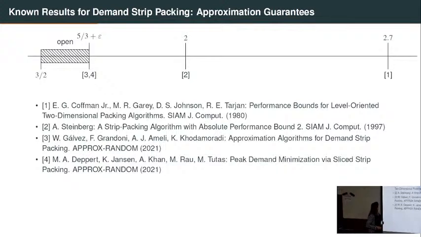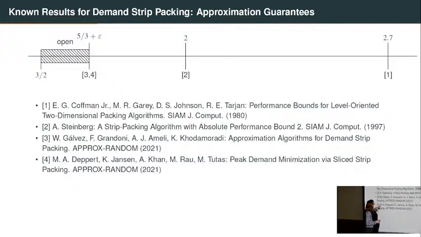So what was known before? Before there was at least a 2.7 approximation, which is a very classical result. Then, as these jobs can be interpreted as rectangles, we can always use the Steinberg algorithm for strip packing to solve the problem as well, because the Steinberg algorithm only considers the area of the items and gives a result with regard to the area.